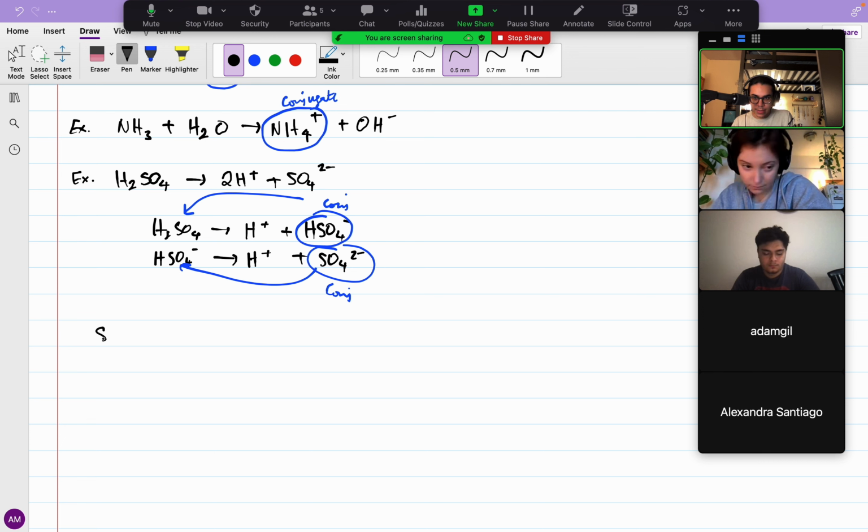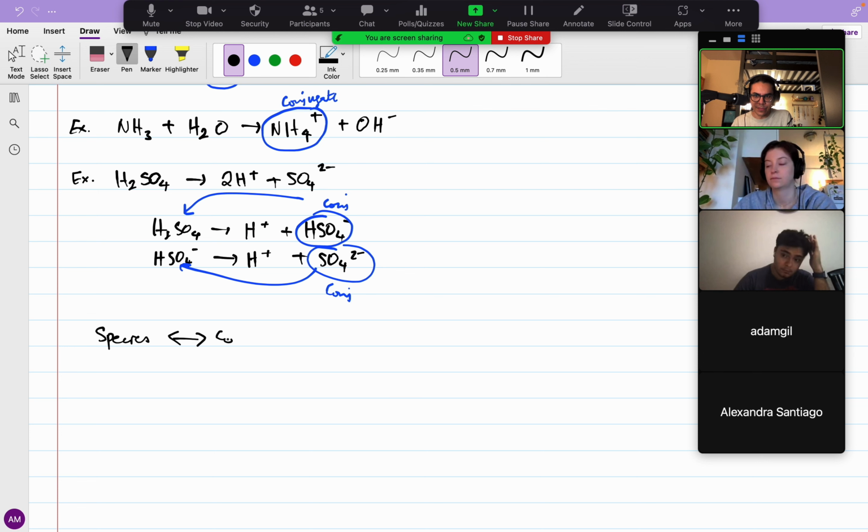So if you have some kind of a compound, a species, let's say an acid or a base, and you look at its conjugate, they are like complete inverses of each other, both in strength and in acid-base nature.